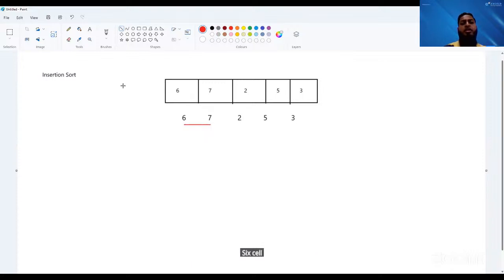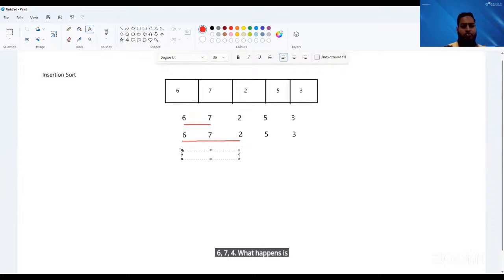Is it sorted? Yes. So arrange it like this, and the remaining numbers as they are. Then it will sort the first three numbers, 6, 7, 2. What happens is 2 comes over here, and 6 and 7 will shift one place to the right.